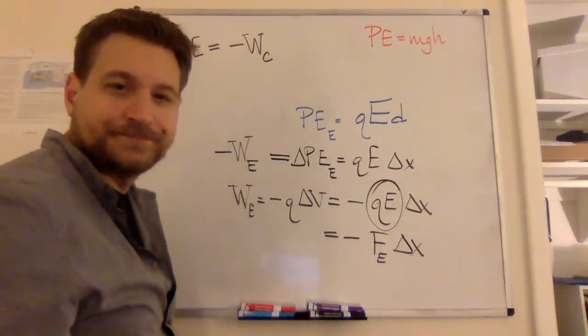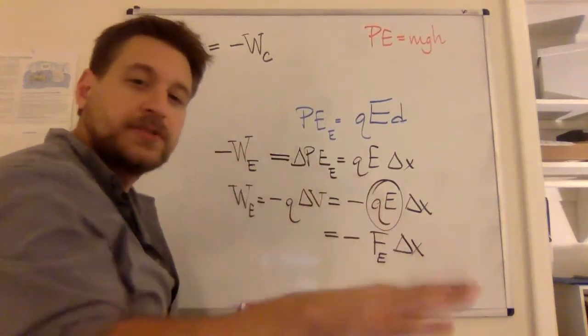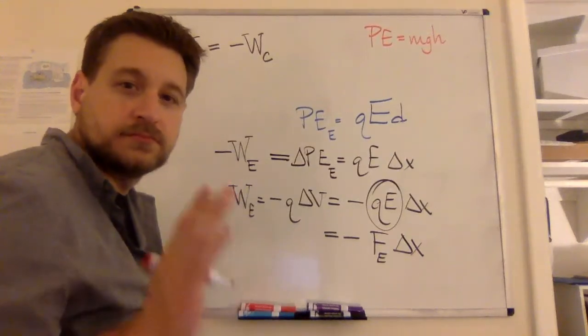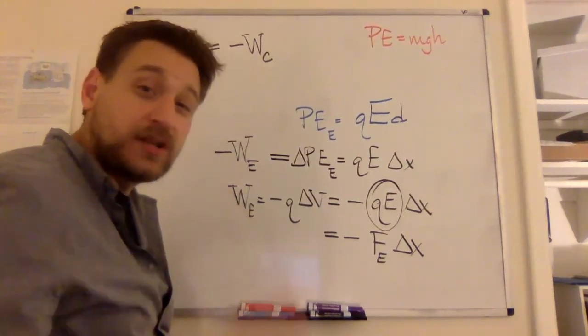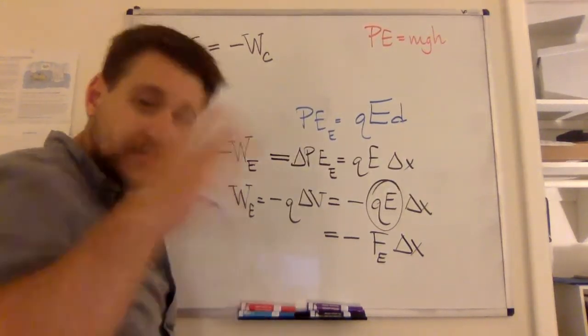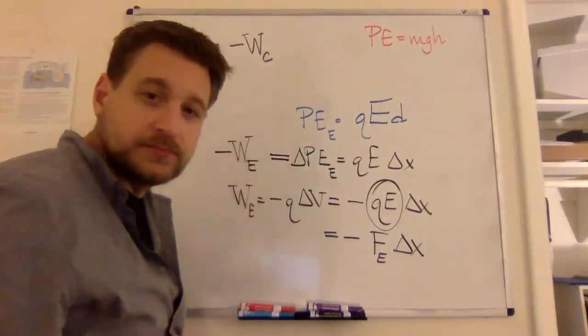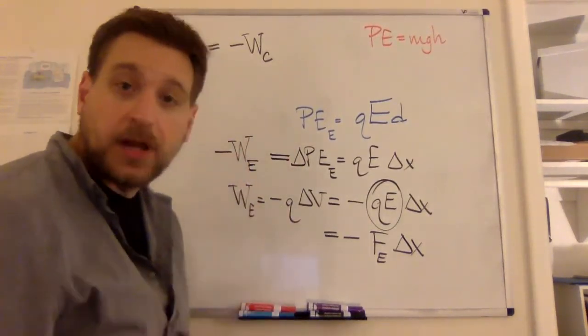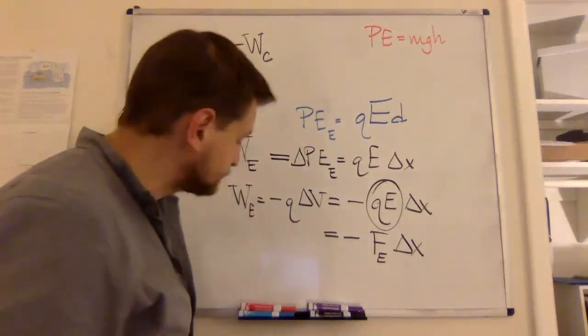Potential energy equals mgh, strictly speaking, isn't super well defined. Because h above what? I mean, it varies depending on the problem and what we're trying to do.